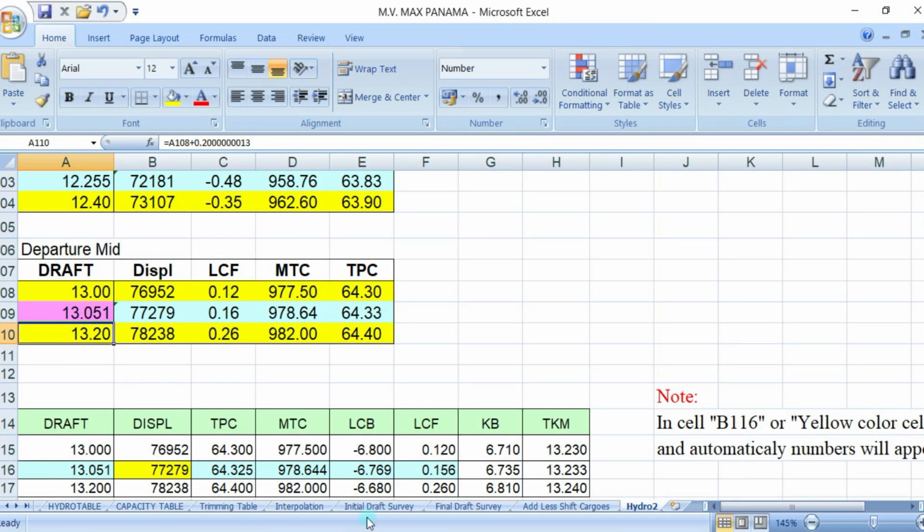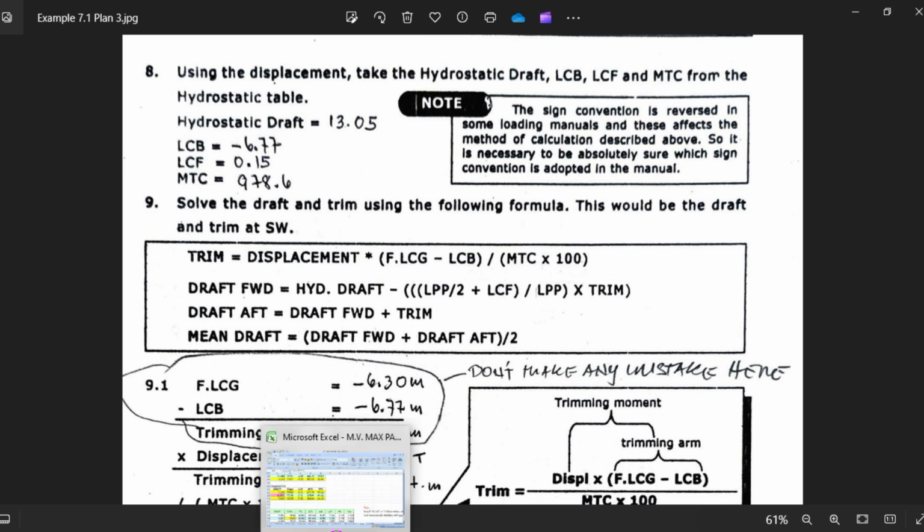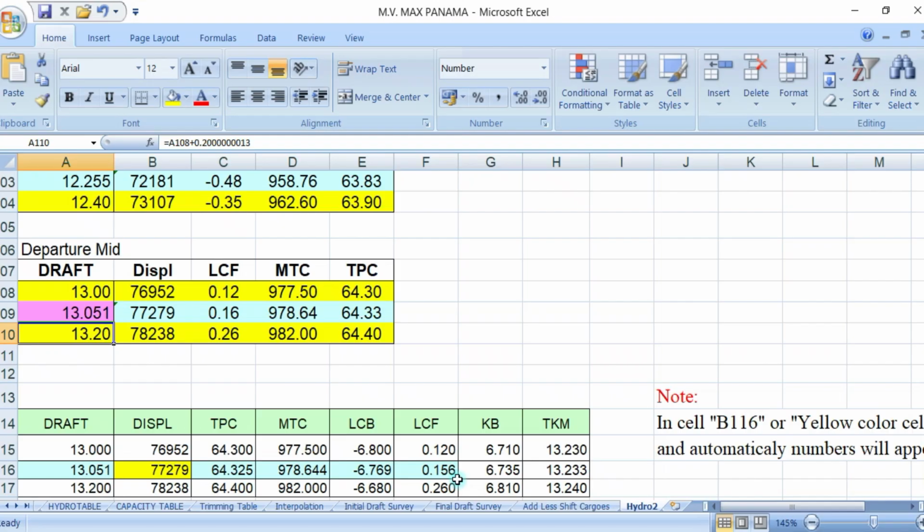Negative LCB is negative 677.769. Okay, almost the same. LCF is 0.15. LCF is 156. Okay, 156 here, 156.